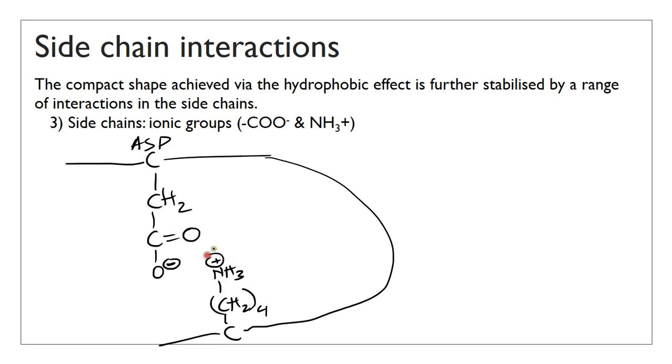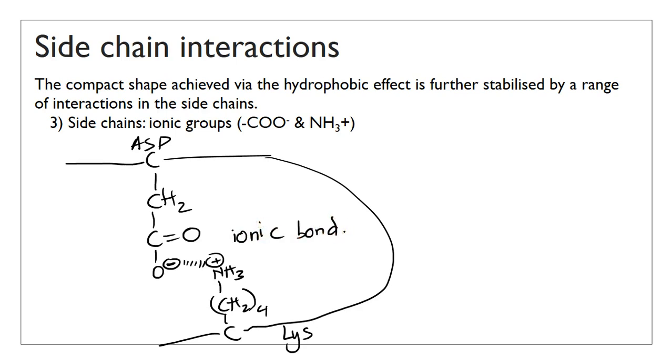So aspartic acid, and then this side we have lysine. So lysine is Lys. And you can see that you're going to have attractions between the negative charge of one side chain and the positive charge of another. So this is ion-ion, or ionic bond, or an electrostatic force.